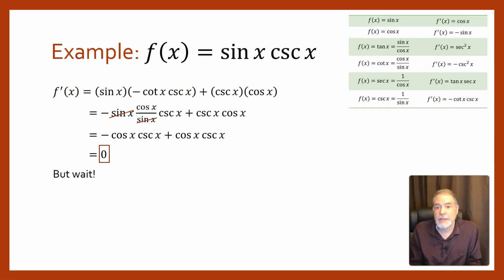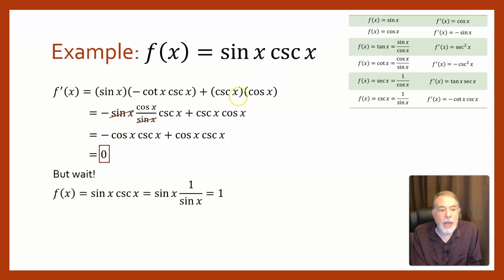The cosecant of x is really just 1 over the sine of x. So if you multiply those together, you get 1. So our function f of x is really just the constant function 1 in disguise. And what do you get when you take the derivative of a constant function like 1? Well, you get 0.